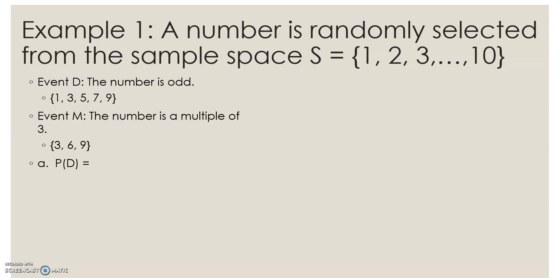The probability of D, 5 odd numbers out of 10 numbers, is 5/10, which reduces to 1/2. Probability of a multiple of 3, 3, 6, 9, that's 3 digits out of 10.